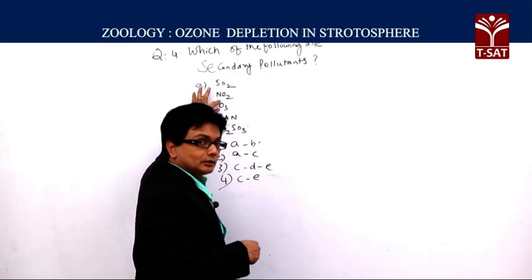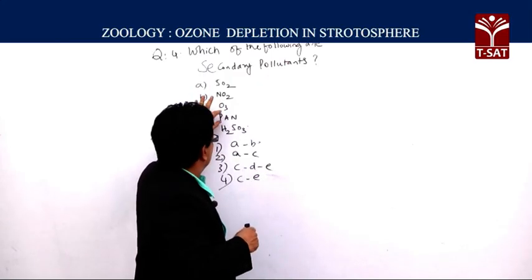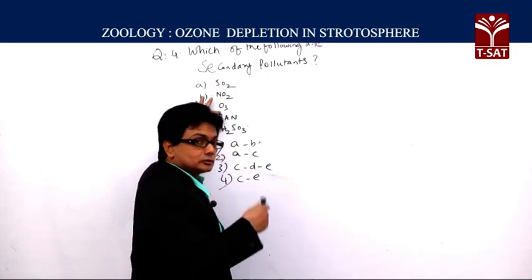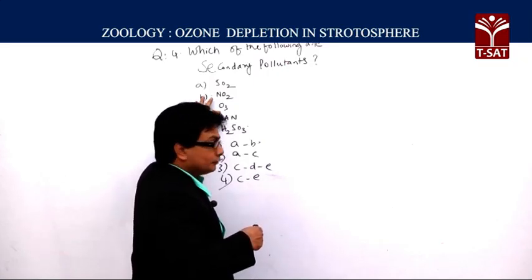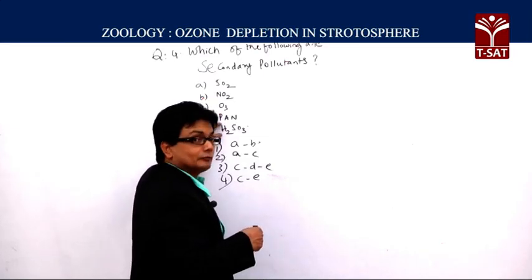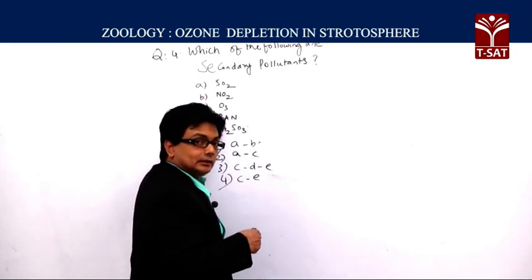Ozone is a secondary pollutant formed in the troposphere, and that's bad ozone. Peroxyacetyl nitrate is also a secondary pollutant. And finally, the sulfurous acid is also a secondary pollutant.